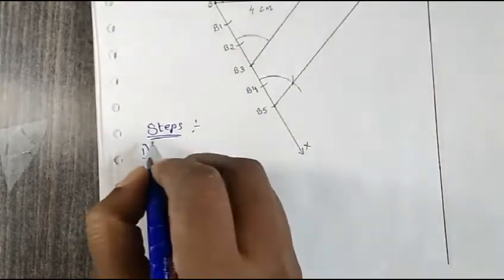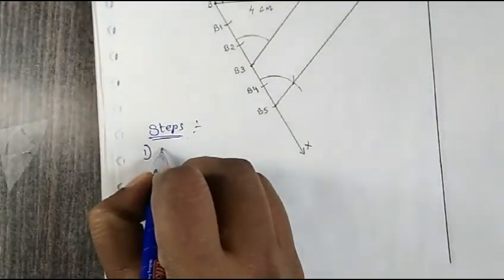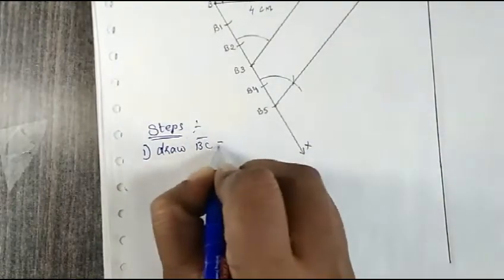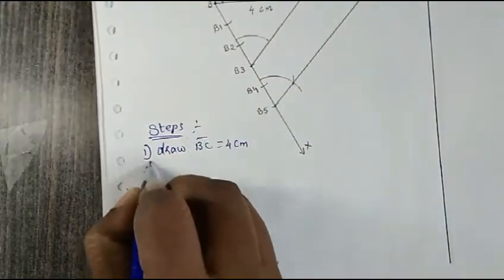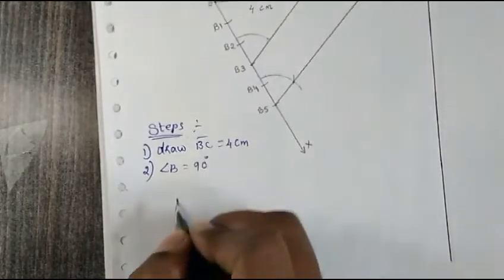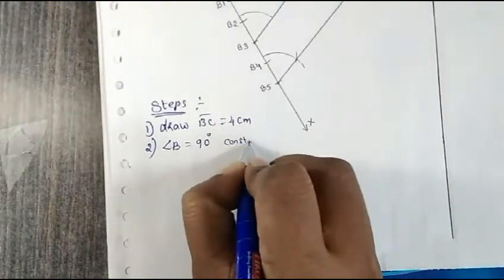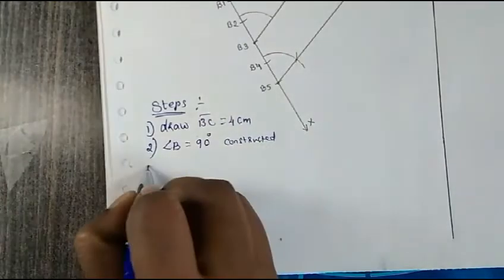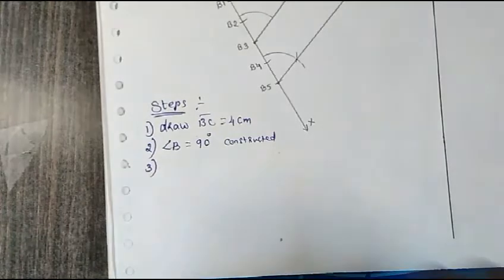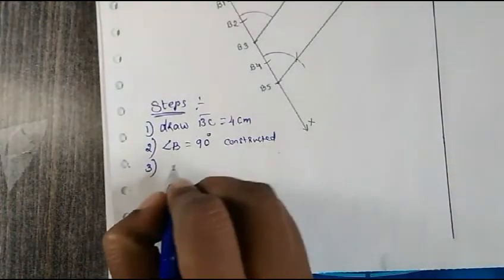Nobody is going to read in detail. Okay, so first we draw BC 4 centimeter, then angle B we constructed 90 degree. Then taking the compass, whatever, in your own words you can write.